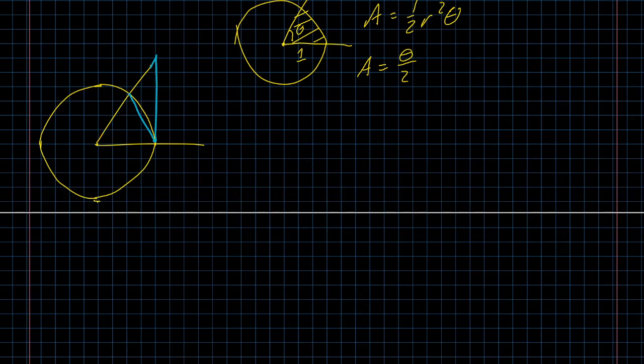Let's not use blue. Let's use red here. All right, so I've got my smaller triangle that looks like that, and I've got my larger triangle that looks like that. I also know I have an angle of theta, I have a radius of 1. I've got a right angle here.